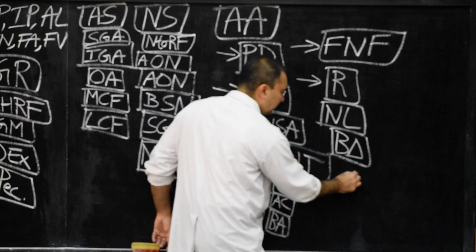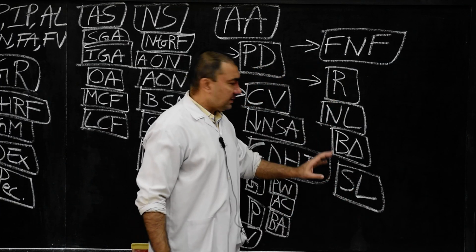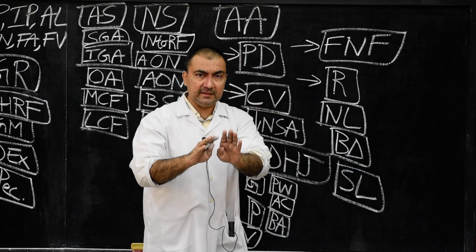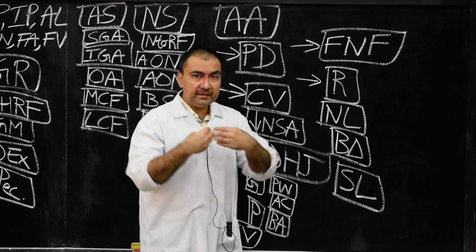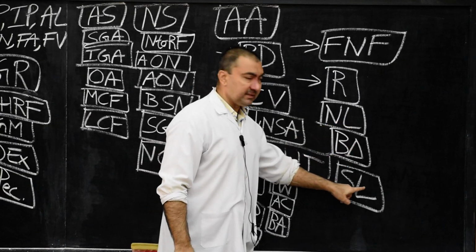And third is Shenton's line. In applied anatomy, you will not go into detail on these three lines. Just mention them. In practical, during X-ray study and in viva, you need to understand what these three lines are.